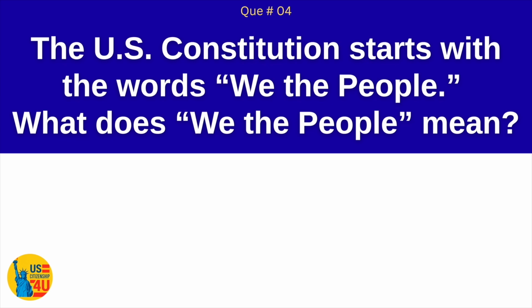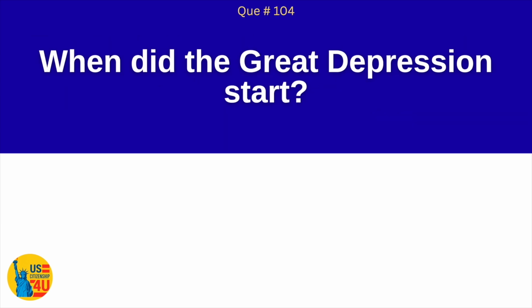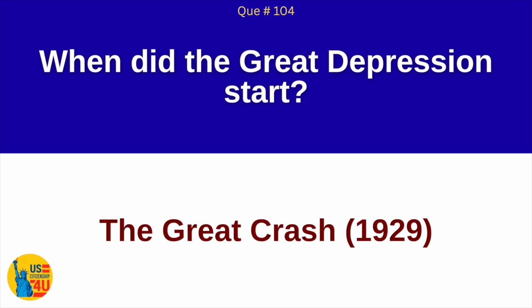What does "we the people" mean? Self-government. When did the Great Depression start? The Great Crash, 1929.